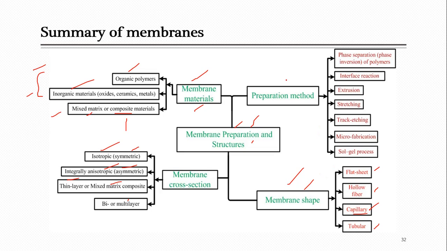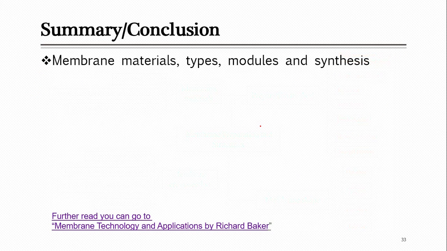Finally, the membrane preparation or synthesis methods, which in the last slide were just names, the same names are provided here. So that's it. Up to here in the main lecture series of this week, we have discussed membrane materials, which I have just summarized in the last slide.